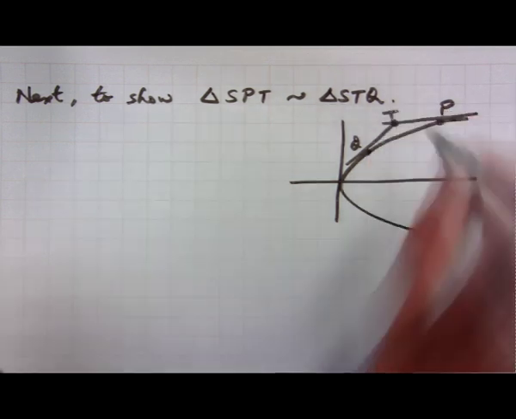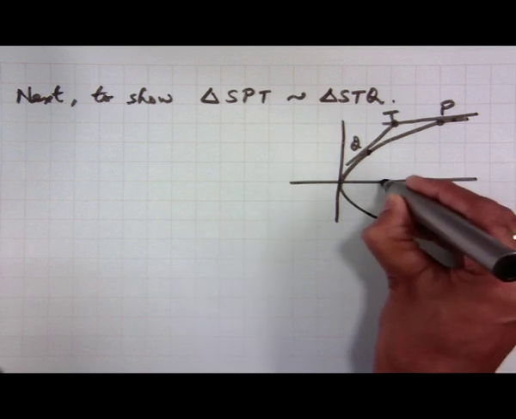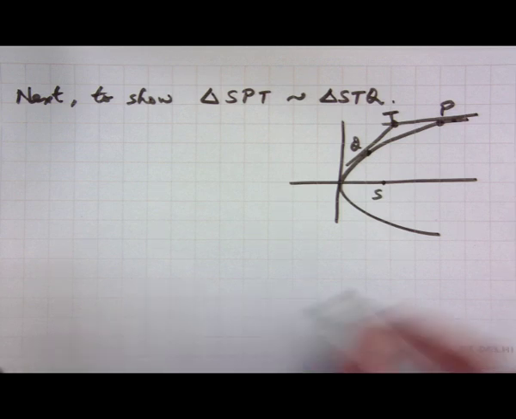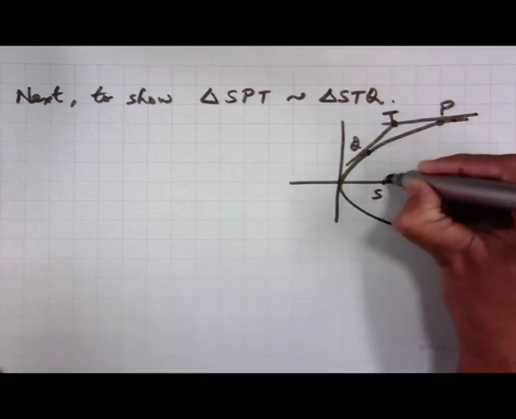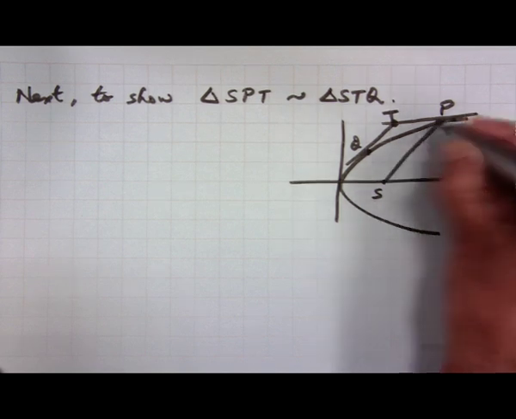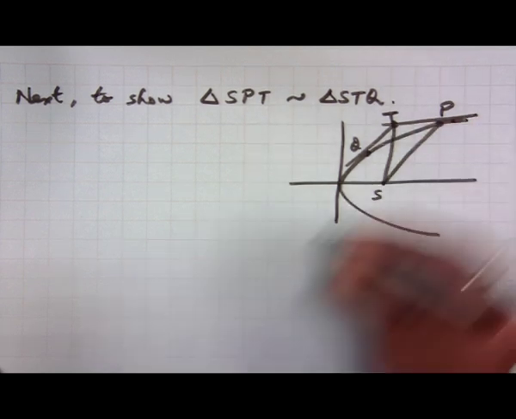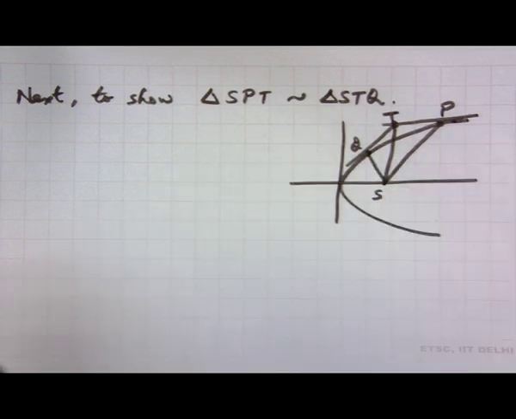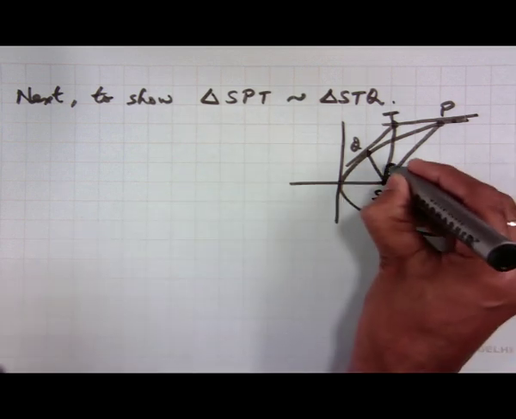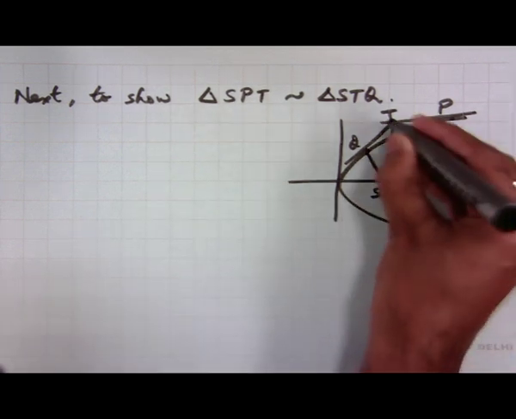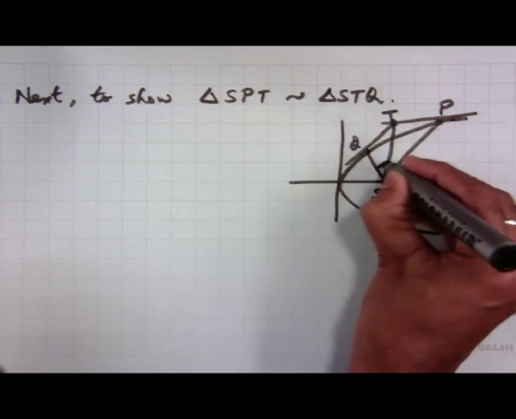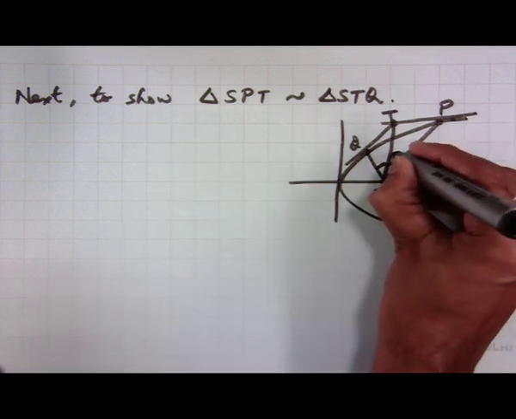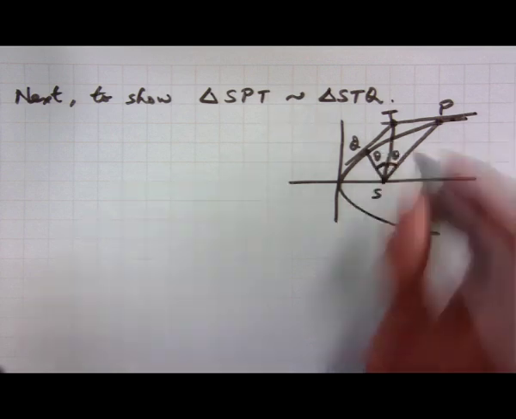This is point T, S is the focus. Triangle SPT is similar to triangle STQ. What we know is that these two angles, that TP and TQ subtend, from part 1, these two angles are equal. So, if I call this angle theta, this is also theta.